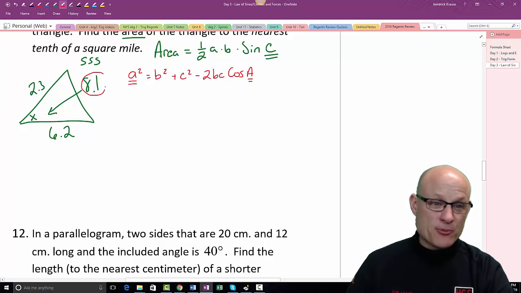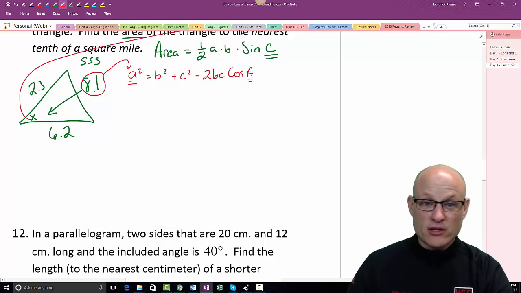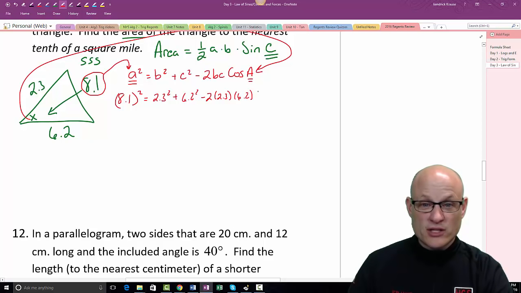So if I want 8.1, that's got to go here, and the angle that I'm looking for has to go there. So we're going to do 8.1 squared equals 2.3 squared plus 6.2 squared minus 2 times 2.3 times 6.2 times the cosine of A.